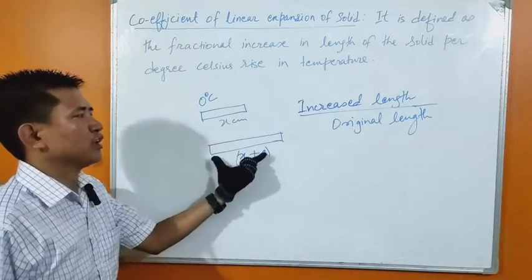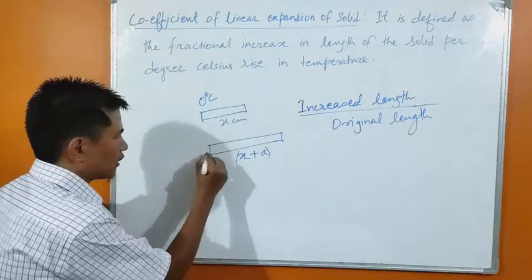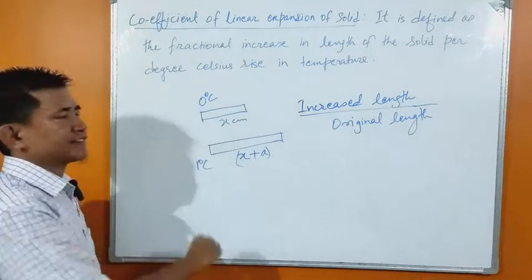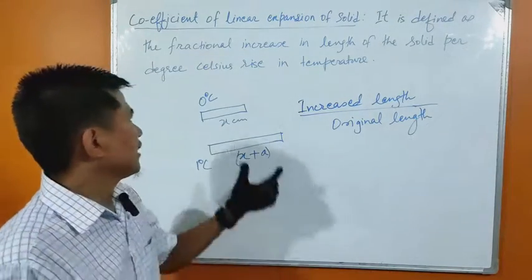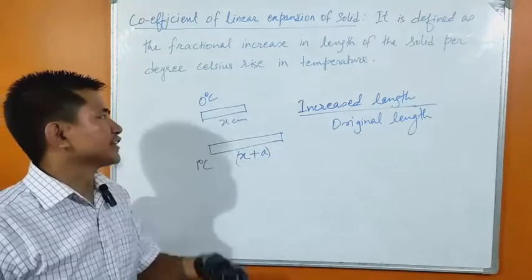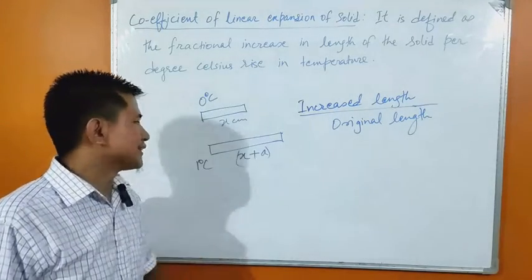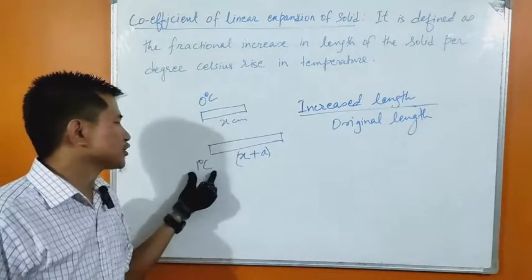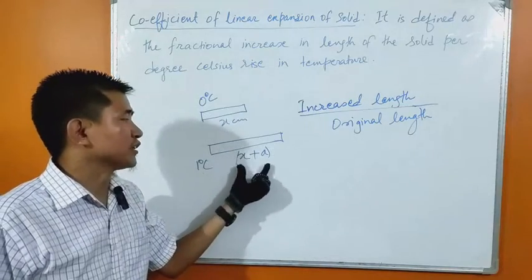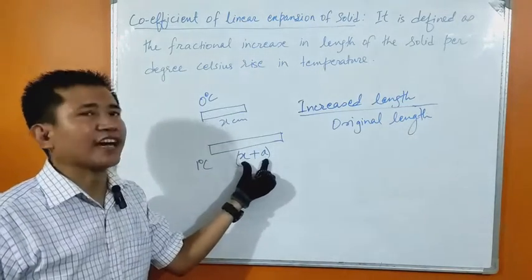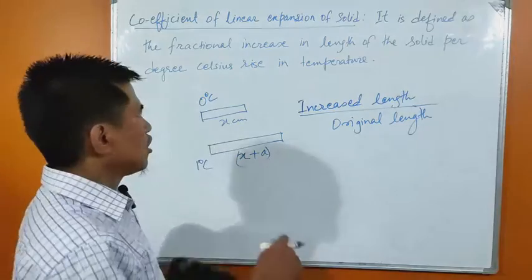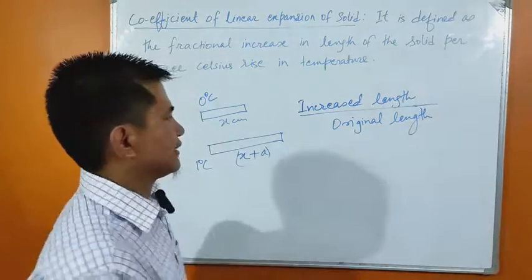When the temperature was 0 degrees Celsius, the length was x centimeter. When you increase the temperature 1 degree Celsius, the new length of the rod is x plus a centimeter. So what is the increased length?